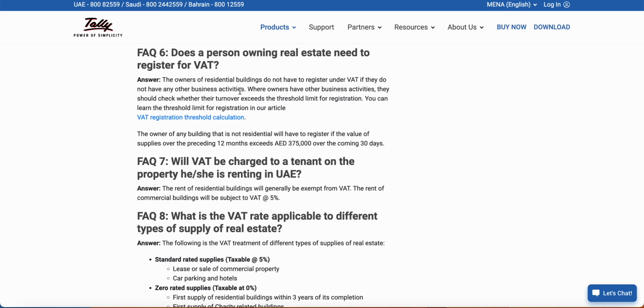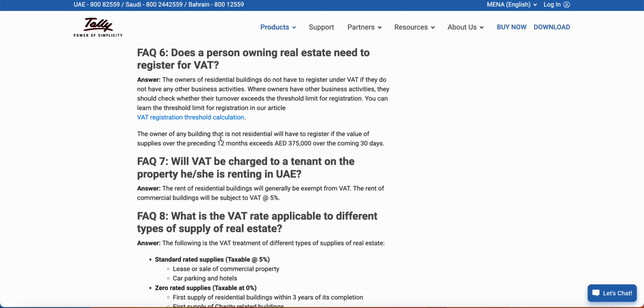Note that here owning a residential building has been taken in the sense of holding stock. If you hold one or two residential buildings and you sell them infrequently, maybe you don't have to register under VAT even if you have other businesses.